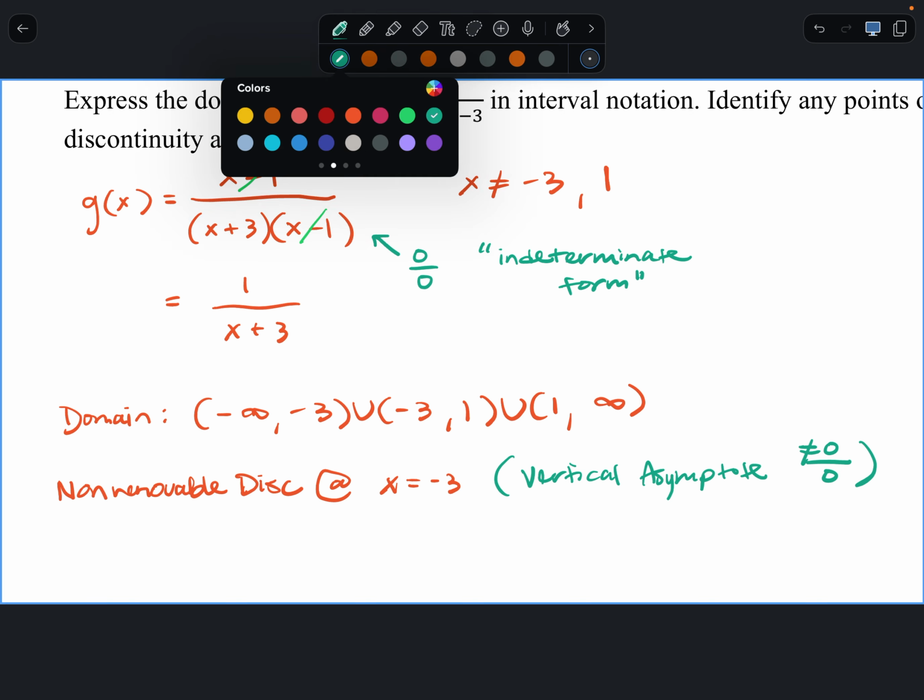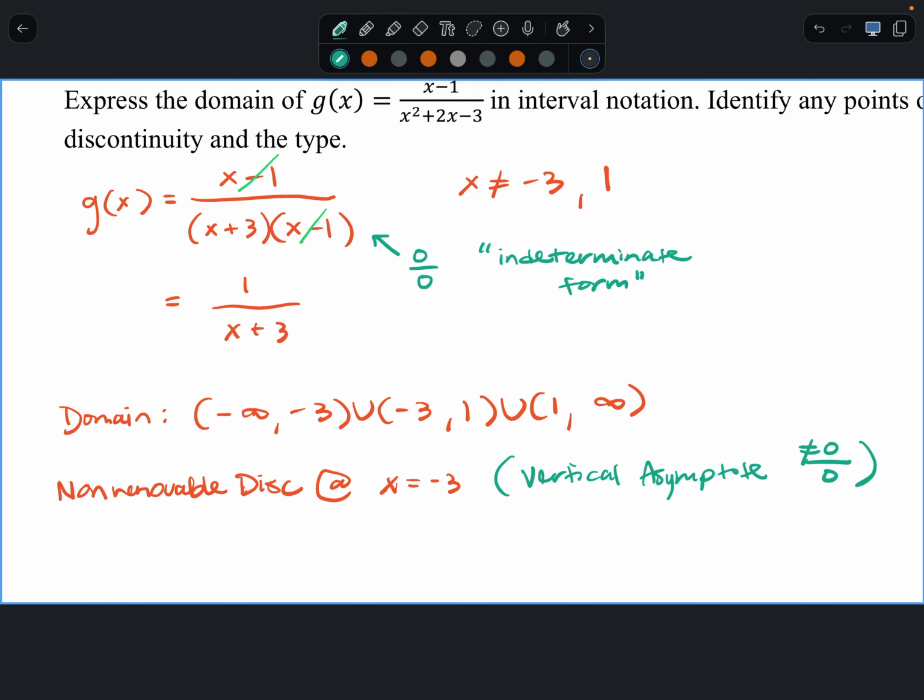So when that happens, this is different than when we plug in -3 and get a non-zero real number over 0. When you plug in a number and you get 0 over 0, it's because there's a common factor causing the 0 over 0 in the numerator and denominator. They can cancel, but it still causes a domain restriction. That's why the graph looks like 1 over x plus 3, but it has that extra domain restriction.